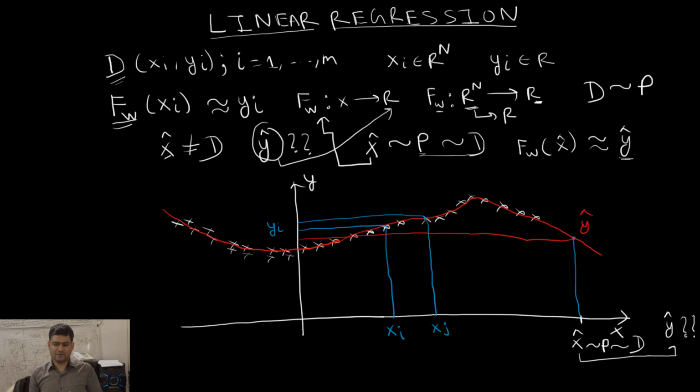As you can see, what we are doing over here is that we started with a data set. We computed a functional mapping f that best explains this data, and then whenever a new point x hat arrives, we just plug it into this function f and get the corresponding value y hat. In this pictorial depiction, we are doing the same thing.